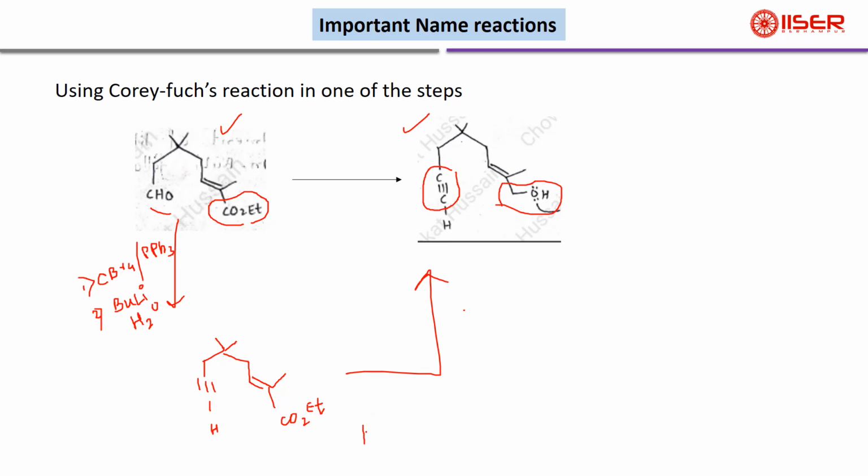That will be DIBAL. You have to consider a reagent in such a way that the other functional groups are unaltered by it. So if we add DIBAL with DCM as the solvent, it will give us this alcohol.